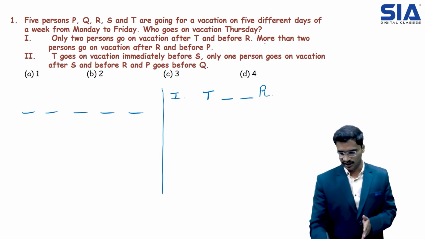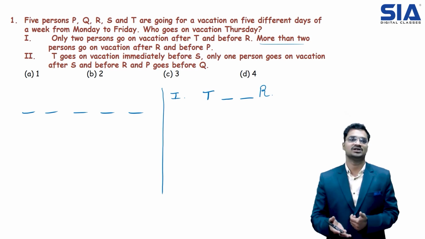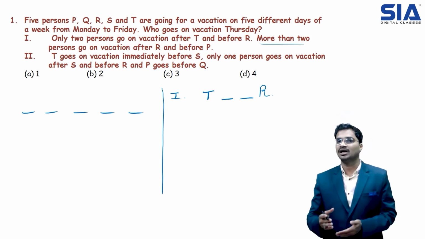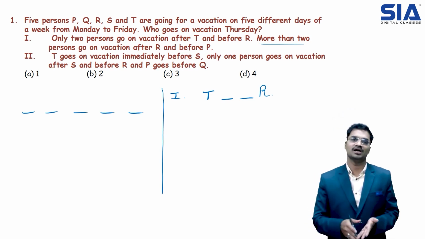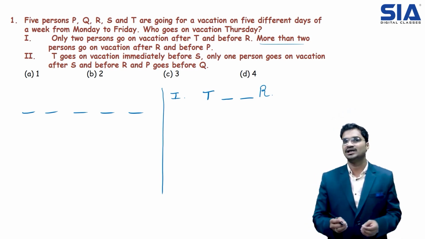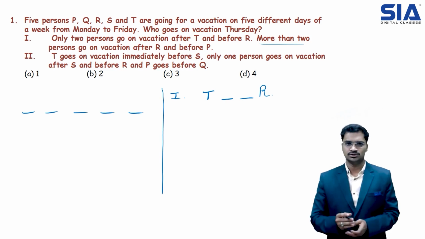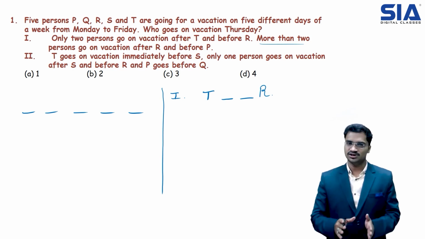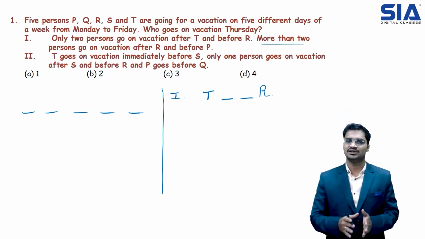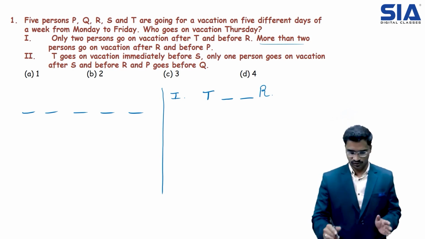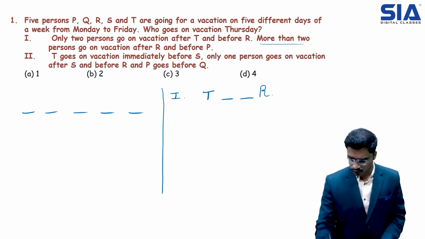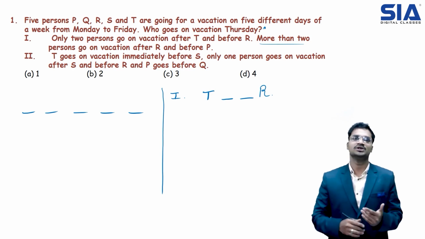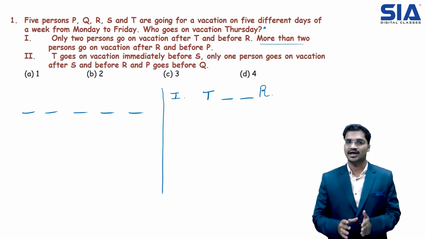And it continues: more than 2 persons go on vacation after R and before P. So this is a little bit ambiguous. By using statement 1 alone, can I tell which person is going on vacation on Thursday? No, I cannot answer this question.